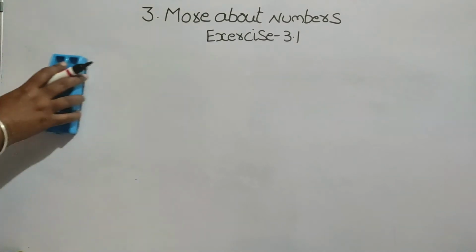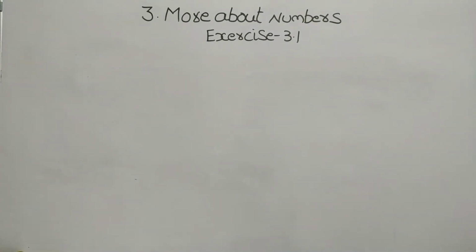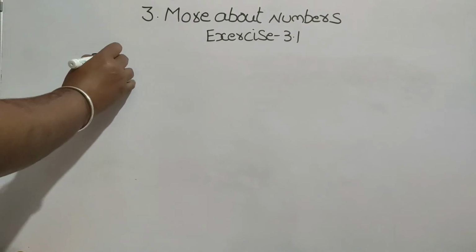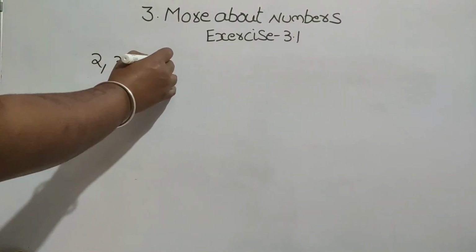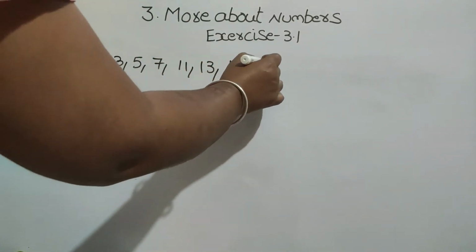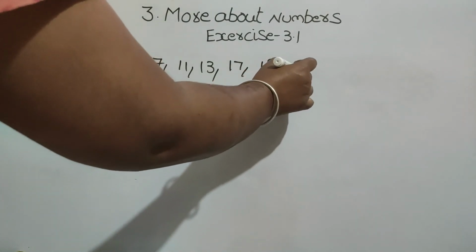Next question. Find two prime numbers whose difference is 3. Are there other such pairs? So we need to see first of all how many prime numbers we can write. 2, 3, 5, 7, 11, 13, 17, 19, 23.